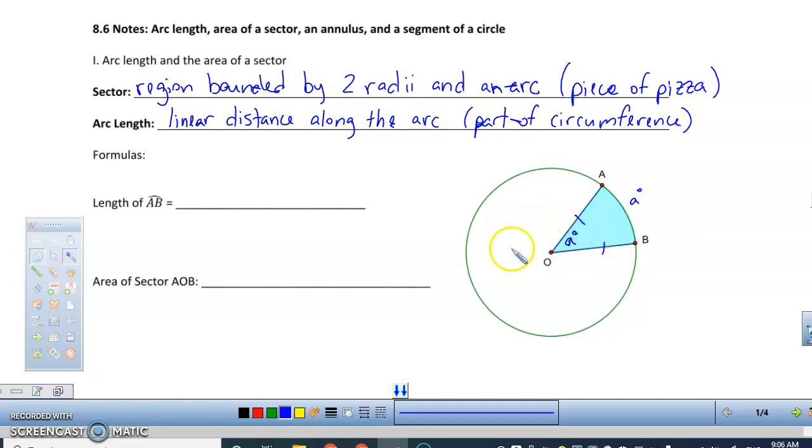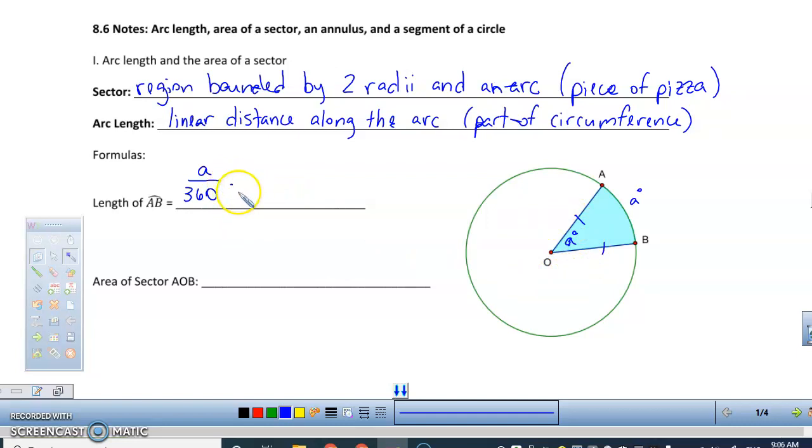All the way around the circle, the total of all of our central angles always adds up to 360. This is just one portion of that 360. So we're going to start by saying we have a fraction equal to that central angle over 360. That is a fraction of the whole circle.